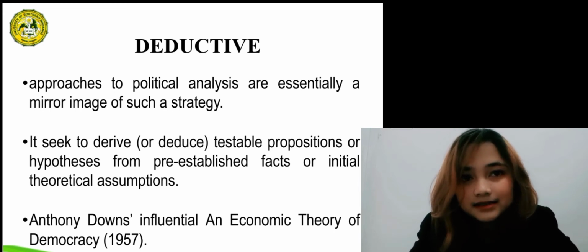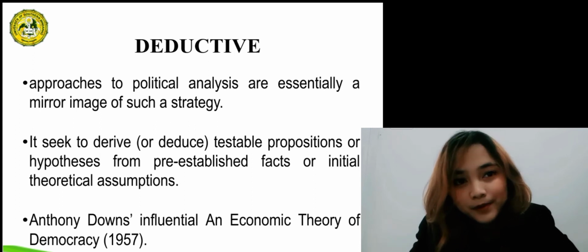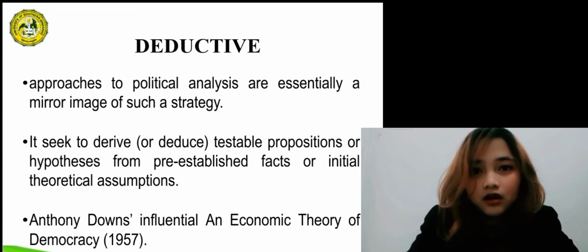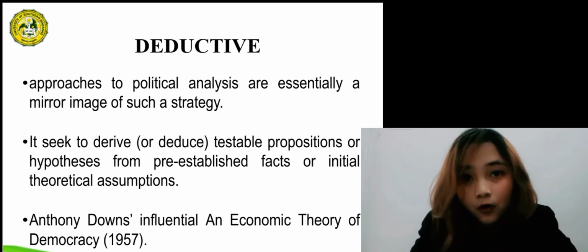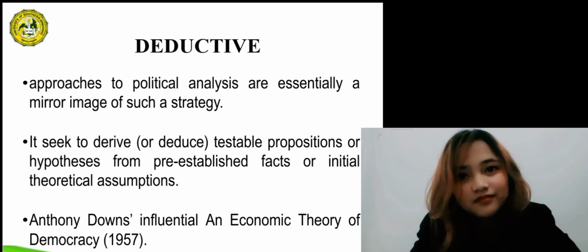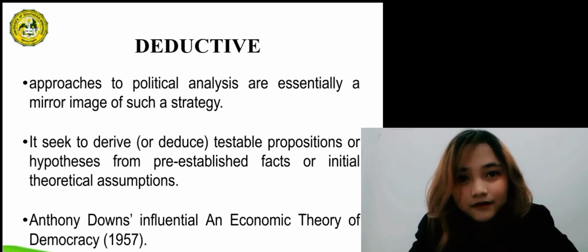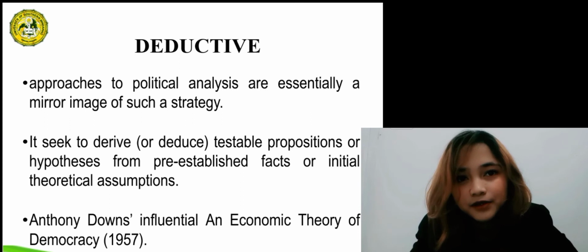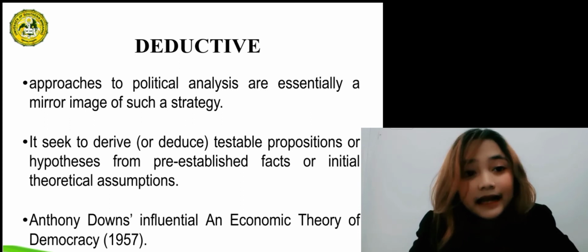And according to the logic of Karl Popper's memorable terms, it is either conjecture or refutation. A good example of deductive logic is Anthony Downs' influential 1957 book, An Economic Theory of Democracy.